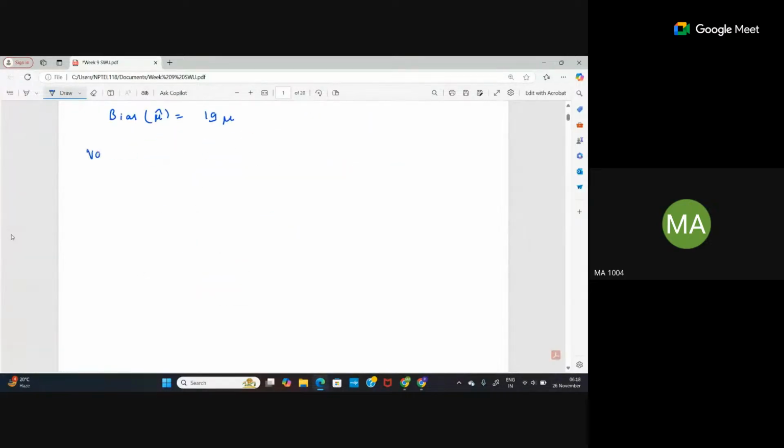So variance of mu cap: 20 divided by n is a constant, so it will be (20 by n) whole square, times variance of x1 plus variance of x2 up to variance of xn, right?